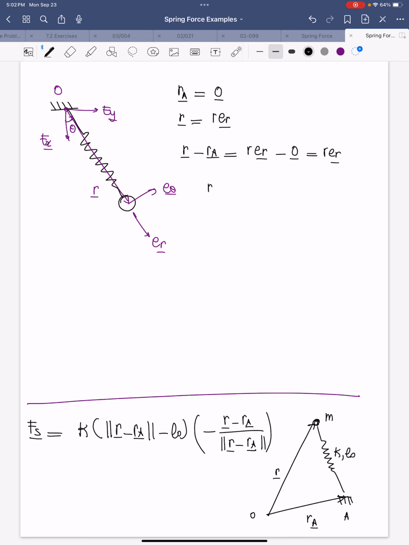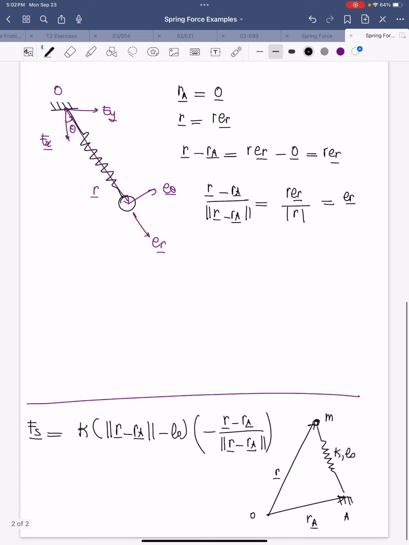So r minus r_A over the magnitude of r minus r_A is r E_r over the absolute value of r, which is a scalar, but r is positive, so this is just going to be E_r.